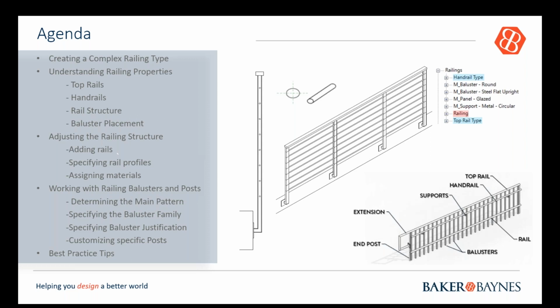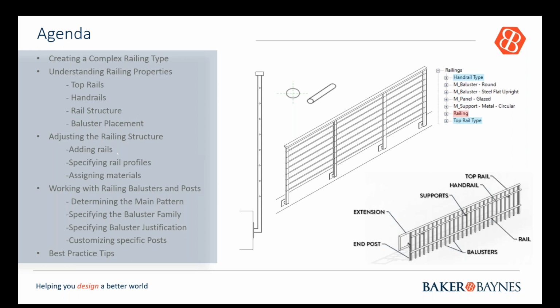If you check out the pictures next to the agenda, you'll see the basic idea I want to go for with regard to our railing, with it being a bit side mounted and the railing profiles that you see on the screen. And there's a little breakdown of what the actual structure is with regard to the railing.